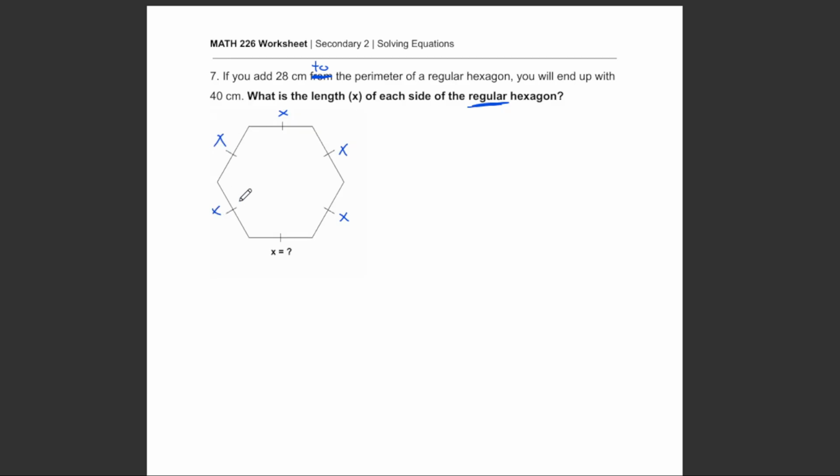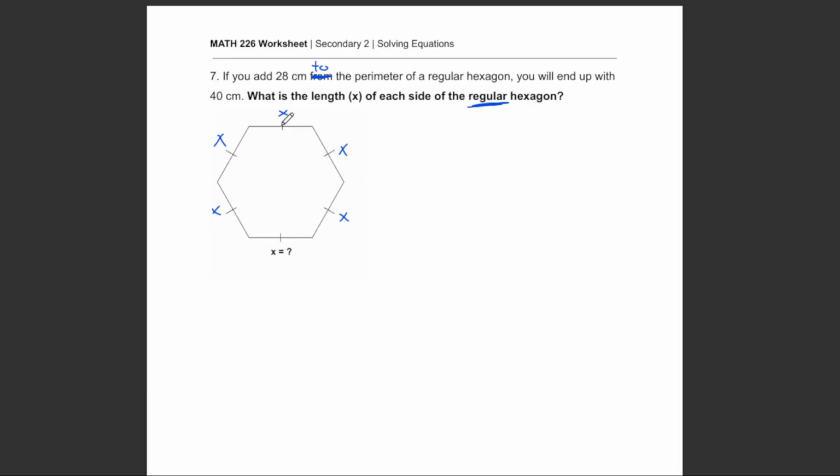Okay? So let's go back to the question now. Read it again. If you add 28 centimeters, so we're adding 28 centimeters to something. What are we adding 28 centimeters to? We're adding it to the perimeter of a regular hexagon. So what is the perimeter of a regular hexagon? It's just the length or the measure around the entire shape.